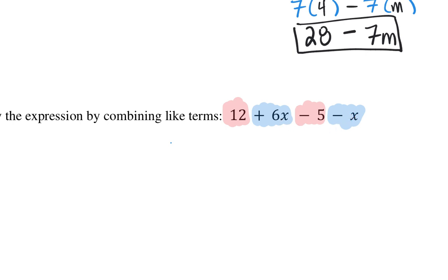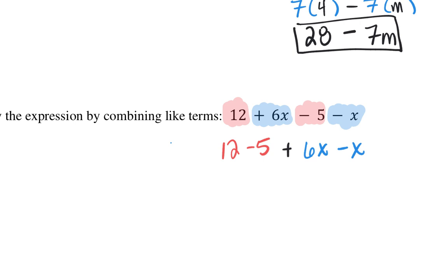So think of it as just 12 minus 5, and we have 6 x's minus an x, right? So 12 minus 5 is that constant term. 12 minus 5, and we've got those 6 x's minus an x.